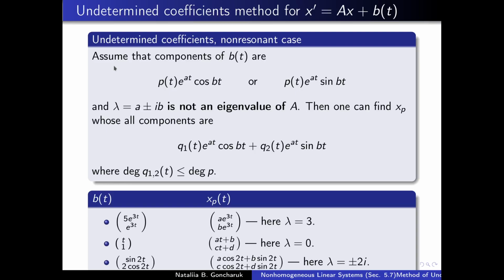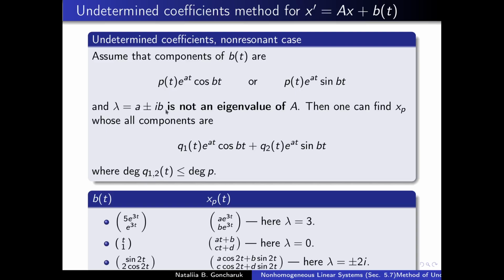In the non-resonant case there was a result that if lambda, related to the form of the components of B, was not an eigenvalue of the linear, homogeneous part, then this was the form of the particular solution, and the degrees of these polynomials q1 and q2 were at most equal to the degree of p.